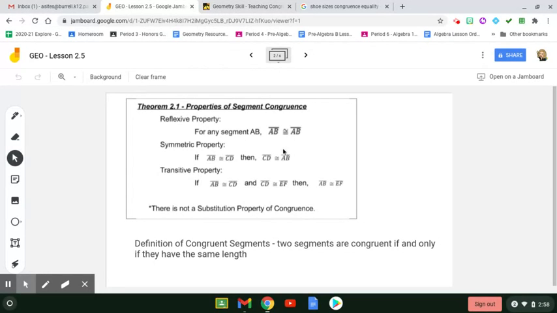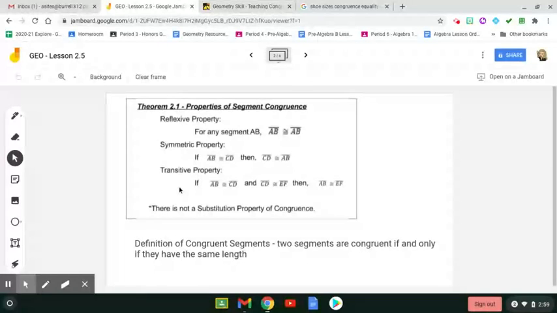I kind of think of that as you have just one thing on each side. It's exactly the same. The symmetric property is kind of like looking in the mirror almost, but you have two different things. It's kind of like flip-flopping things around. If segment AB is congruent to segment CD, then flip-flop it around: segment CD is congruent to segment AB.